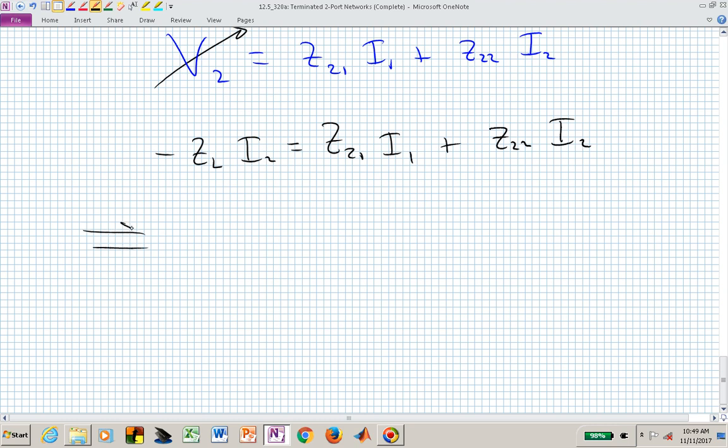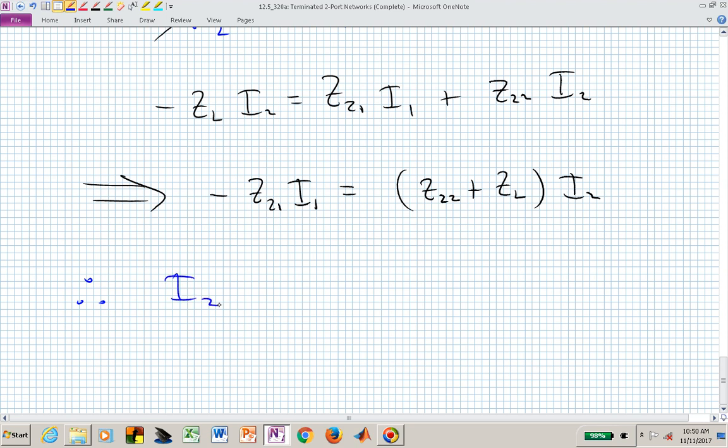So we can isolate the I1s and the I2s on separate sides. We have minus Z21 I1, subtracting that from both sides, and let's add Z sub L I sub 2 to both sides, and we now have Z22 plus Z sub L, all scaling I sub 2. And that allows us to solve for I sub 2 in terms of I sub 1. I sub 2 is minus Z21 I1 over Z22 plus Z sub L.